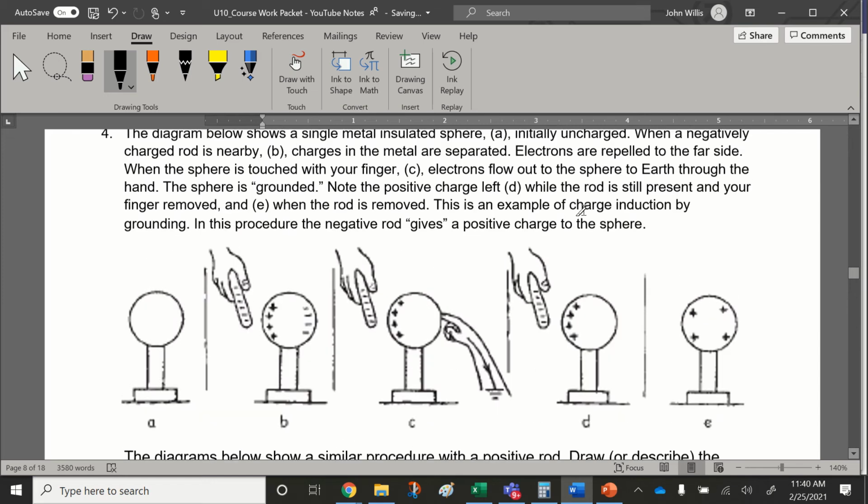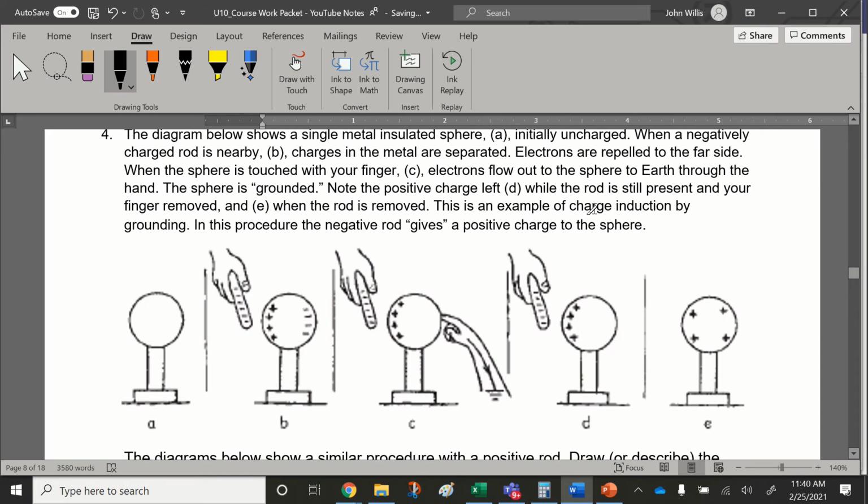Number 4, you can actually discharge an object by doing exactly this. Initially, by using induction, this sphere would have likely been electrically neutral. So I drew 4 positives and 4 negatives. And if you bring a negatively charged object nearby, you can induce a separation of those charges.